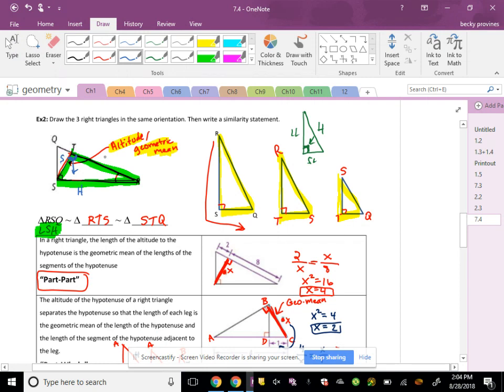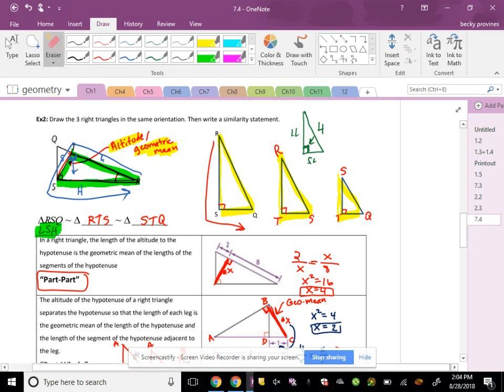Right here's the short leg, which means this is the long leg. Now we need to go in the order of long, short, hypotenuse. So what order would you go? Long, short, back down the hypotenuse. So R, T, S. And notice that's what I wrote here, RTS.